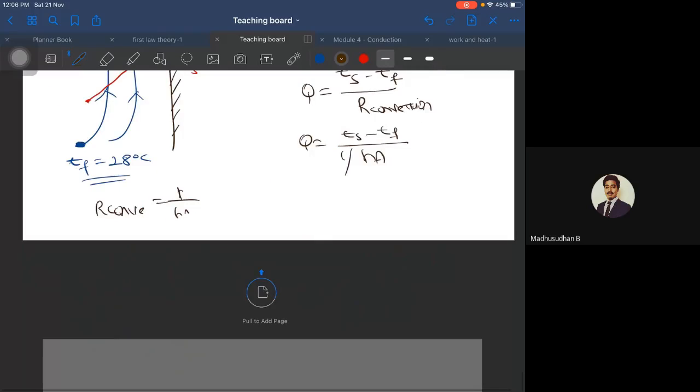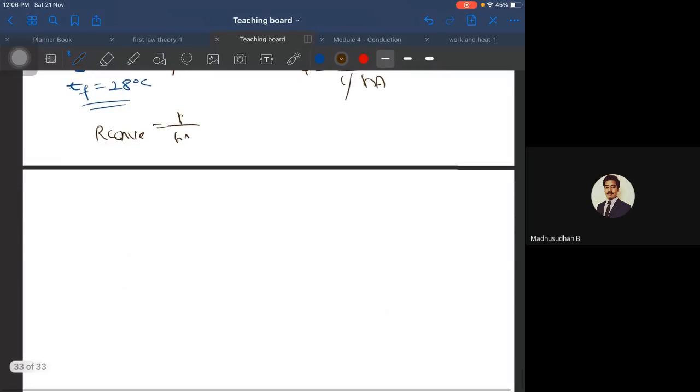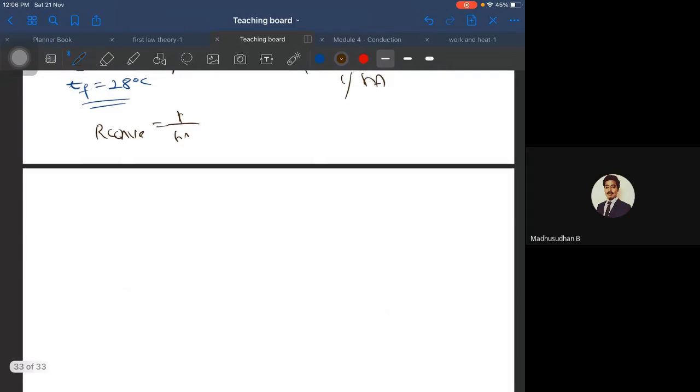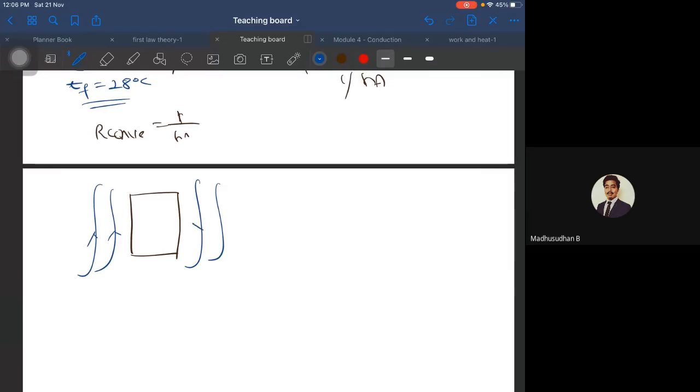Now, the other two. Now what I'll be doing, you just observe, this is very important. I take a wall like this. There is a fluid flowing on this side, and there is another fluid flowing outside the wall like this. I will mark the temperature lines here.